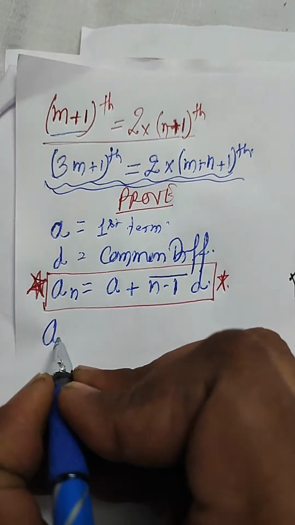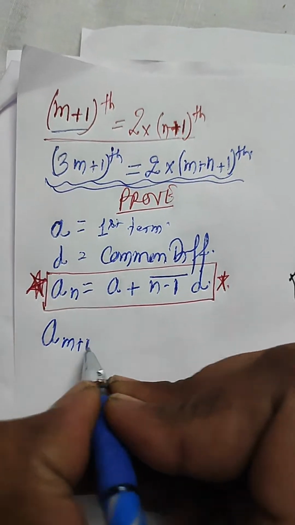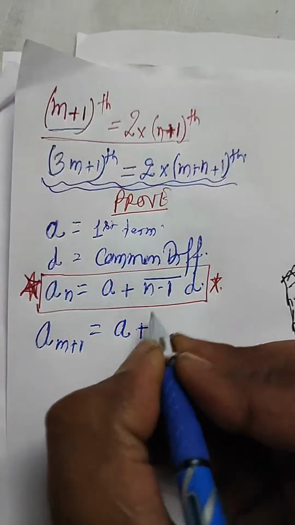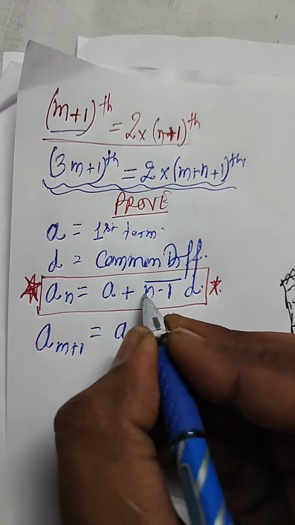So m plus 1th term is equal to A plus, I'm just putting the values into the above formula.